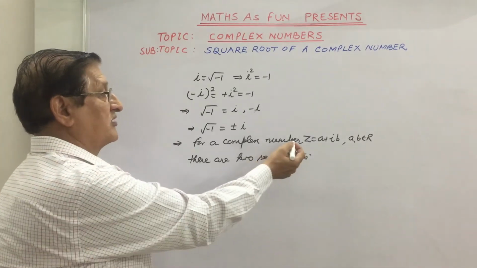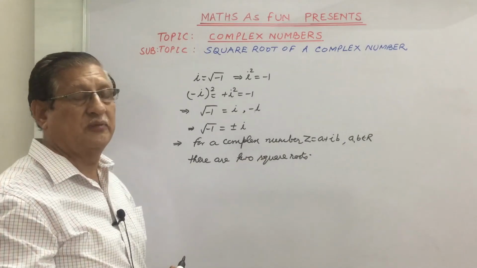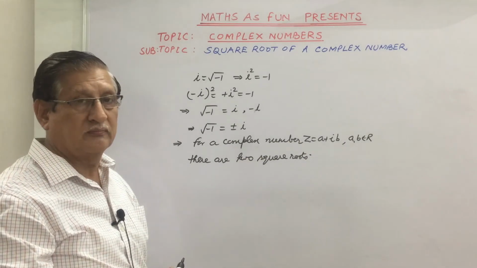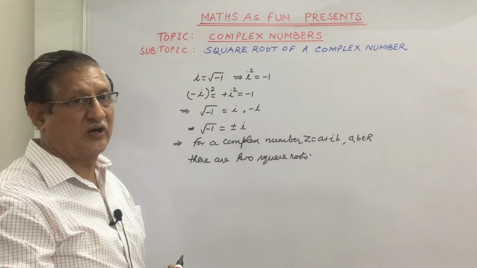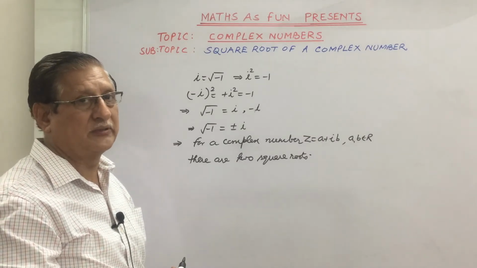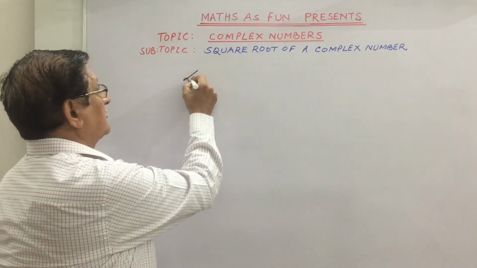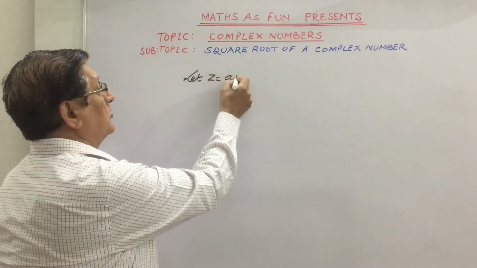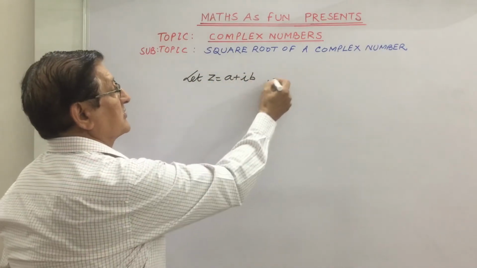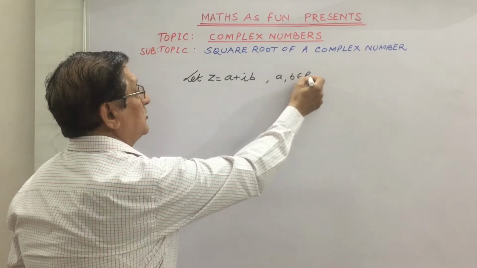It means root of z, that will be root of a plus iota b, will be 2. Let's learn now how to find the square roots of a complex number. Let z equal to a plus iota b be a complex number where a and b are any two real numbers.